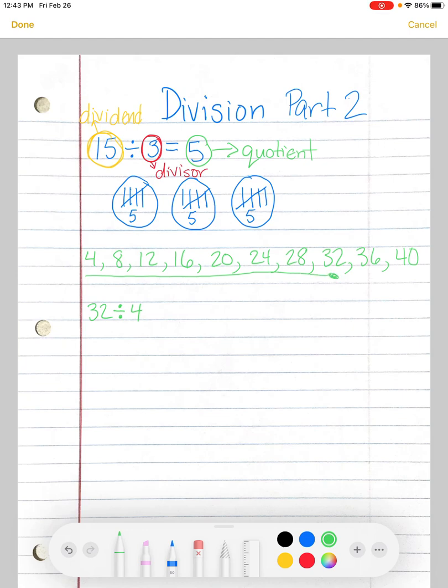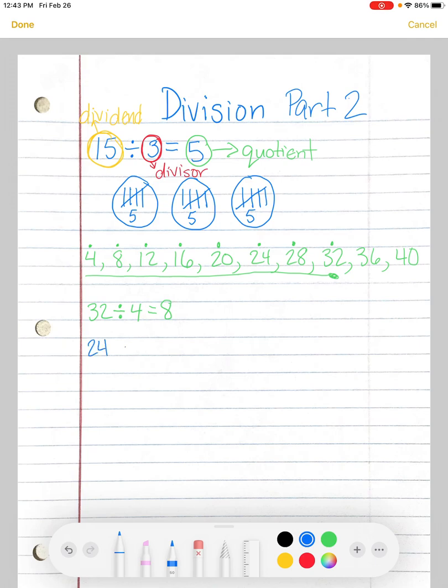There it goes. 32's right there. My next job is to count over to see which multiple 32 is. 1, 2, 3, 4, 5, 6, 7, 8. 32 divided by 4 equals 8. 8 is my quotient.